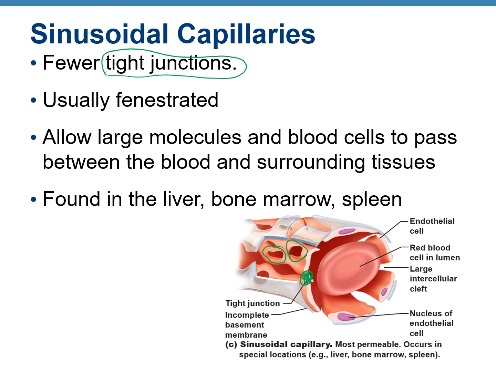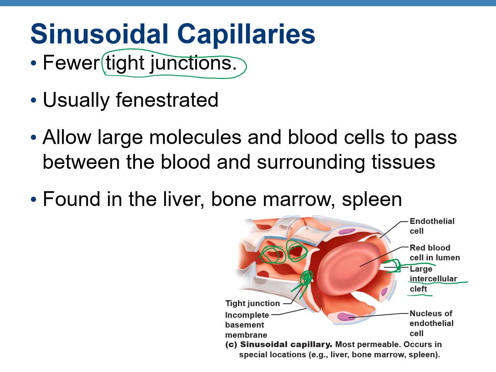Like over here, look, that's a tight junction. And so we have big openings over here that are called intercellular clefts. Inter means between cells. So we have gaps between cells, not so many tight junctions, and we still have fenestrations.